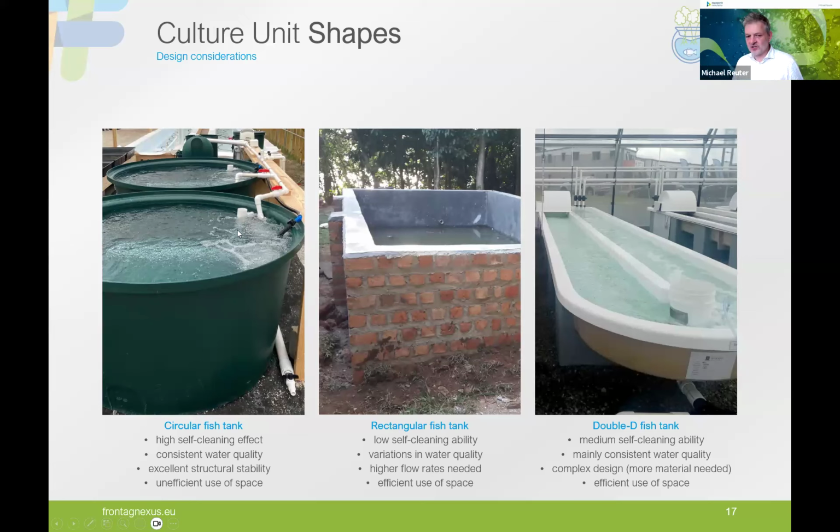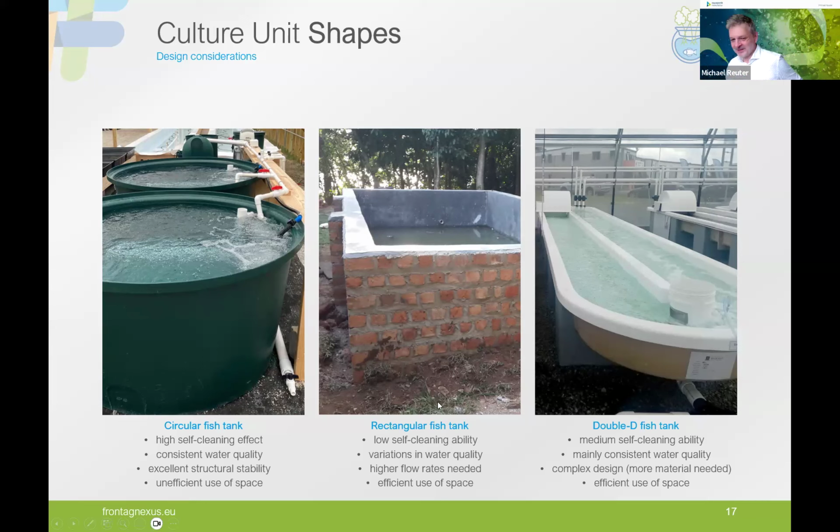The huge advantage of circular tanks is that they have a very high self-cleaning effect, a very good mixing of the water body, so a consistent water quality in the whole tank. They have an excellent stability, but a little drawback, they don't use the space that is available for aquaculture very efficiently, because with a round shape, there are always angles that are not used.